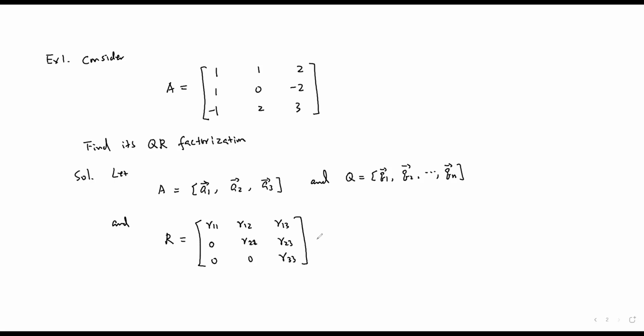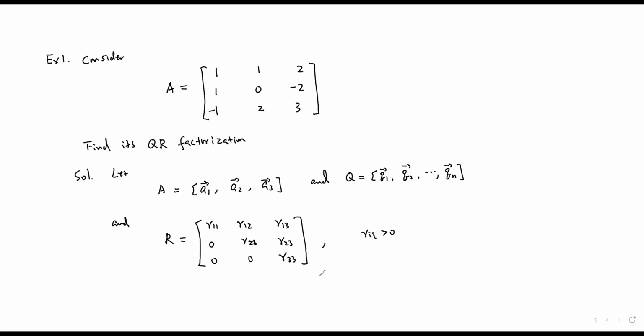Upper triangle. And I assume the three entries on the main diagonal are all positive, Rii all positive. So according to the theorem, the QR factorization is one and only one, unique.